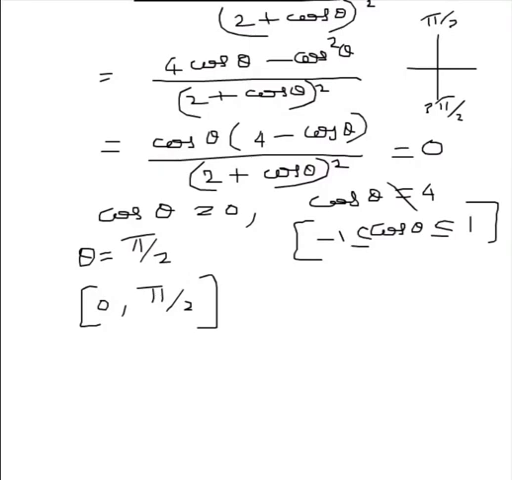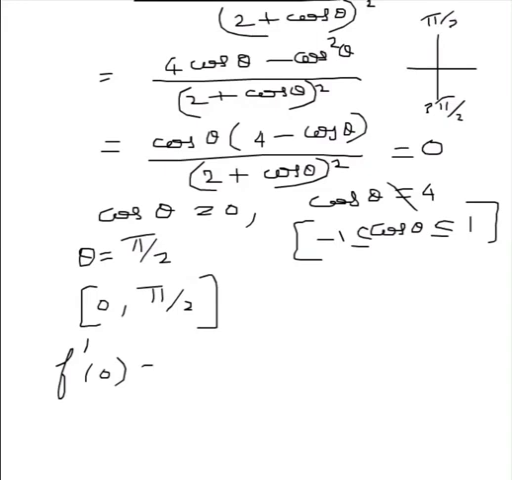Now let us check in this interval. In this interval, I cannot substitute pi by 2. I cannot use pi by 2 because f dash will become 0. Okay, f dash will become 0. So don't use that. I can use 0. I should not use pi by 2. Because we didn't get theta as 0 as the answer, right? The answers which you got, critical points, you should not use those points for checking.